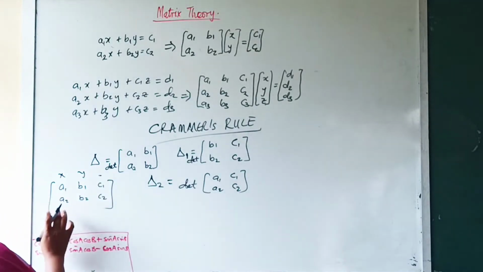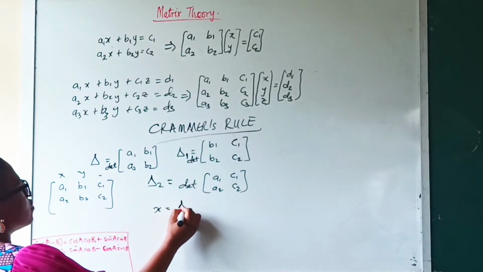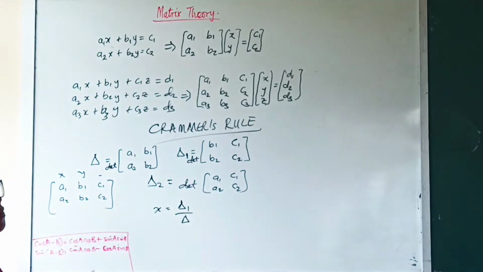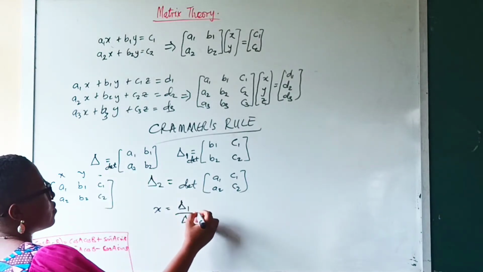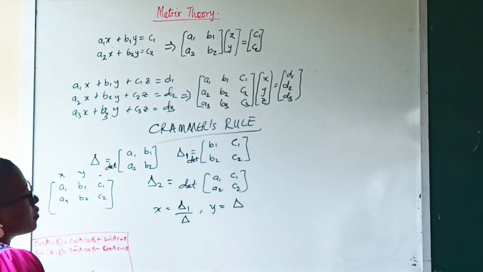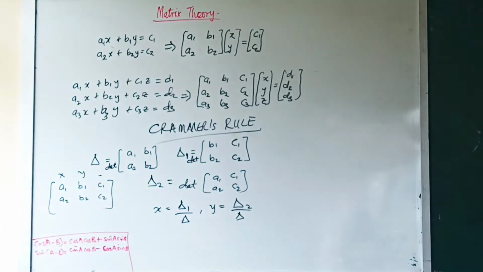Now you close this first column to get this one. Then X is equal to delta 1 over delta, and Y is equal to delta 2 over delta. They are all determinants.